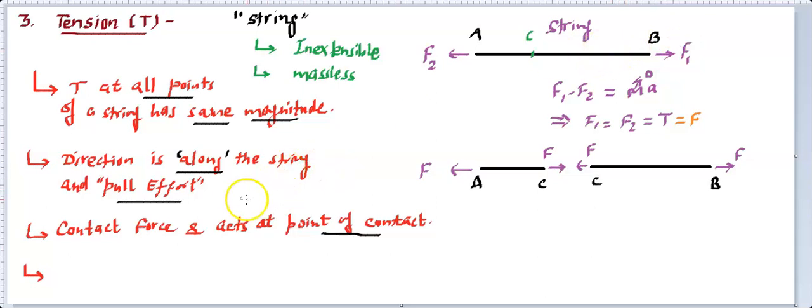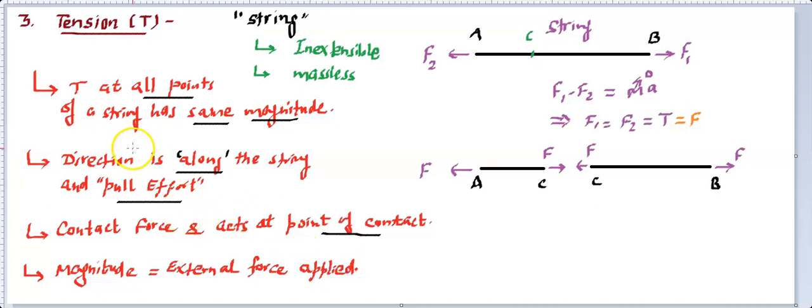So we can say magnitude is equal to the force applied, or external force applied. This is how you can get the magnitude, and this is the point for direction, this is the point of action, this is about the magnitude, in a nutshell. So these points are important for tension.